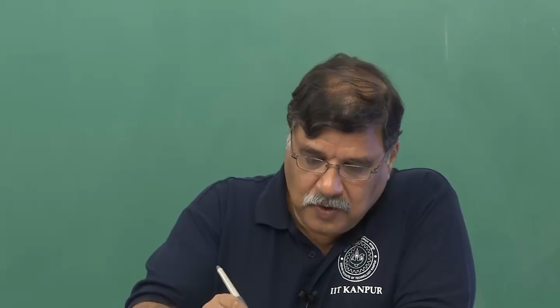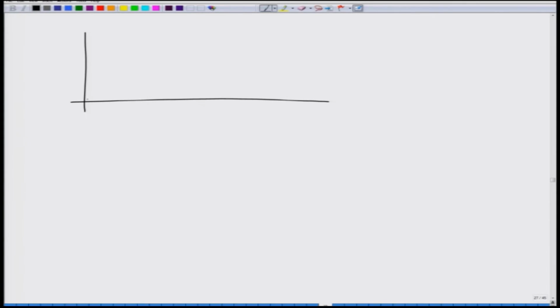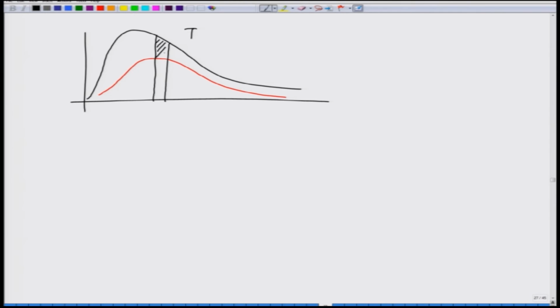The second one is more important, and for this what Wien considered is that when from a high temperature T1, I go to a lower temperature T2, a radiation which was contained between say lambda and lambda plus delta lambda is shifted because of that displacement formula to some lambda prime and lambda prime plus delta lambda prime.